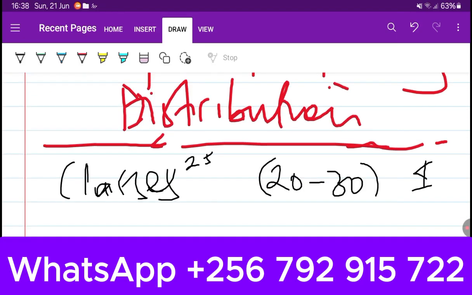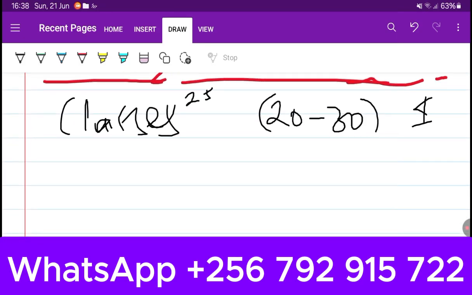We gave an example. Let's say we have a class of 30 to 39, then the other class starts from 40 to 49.